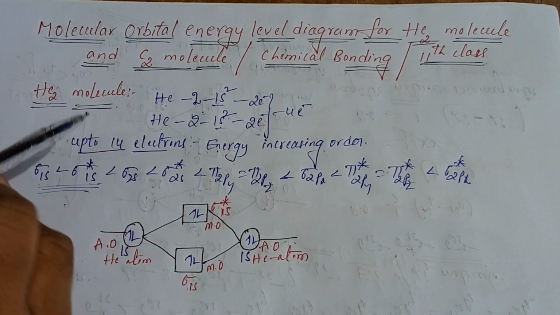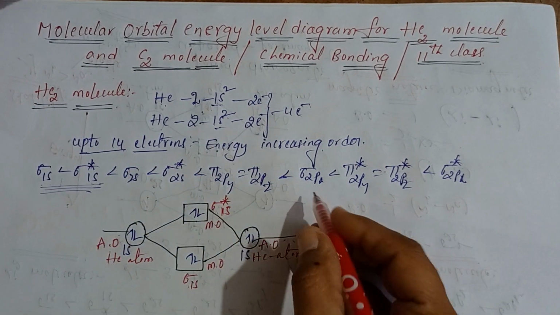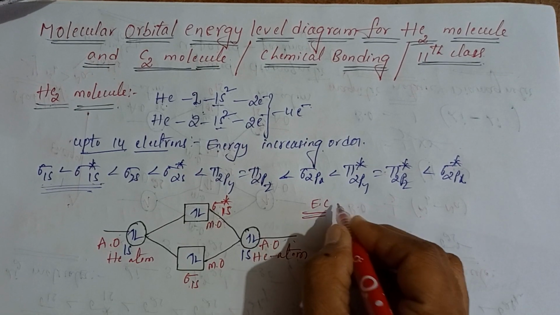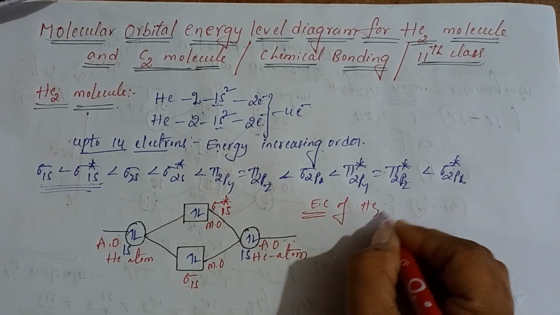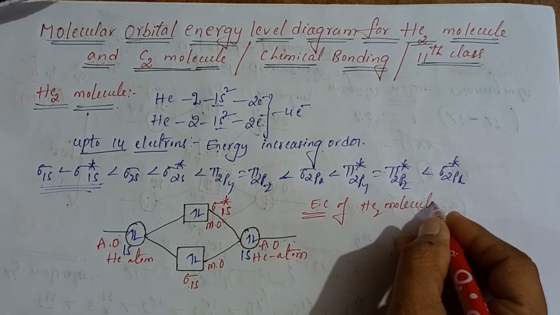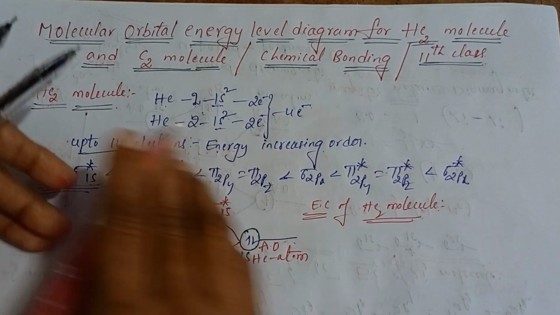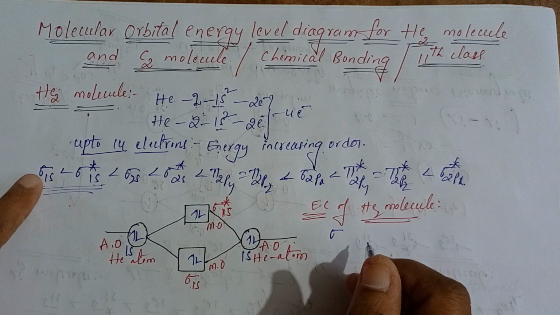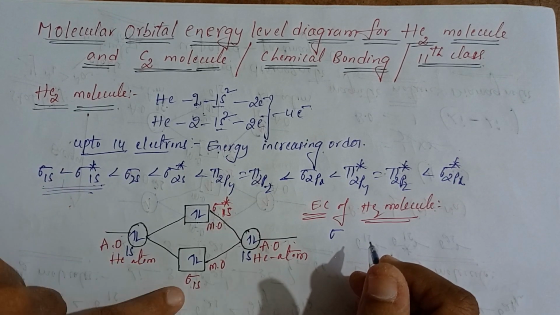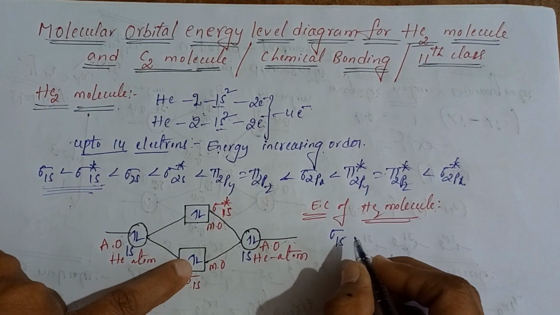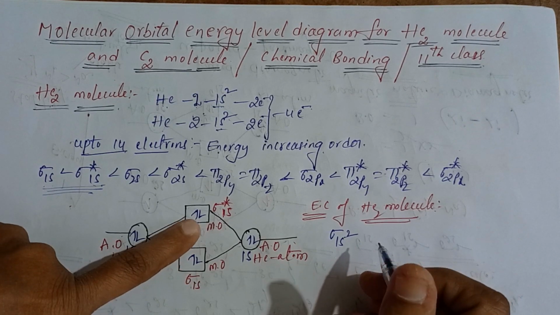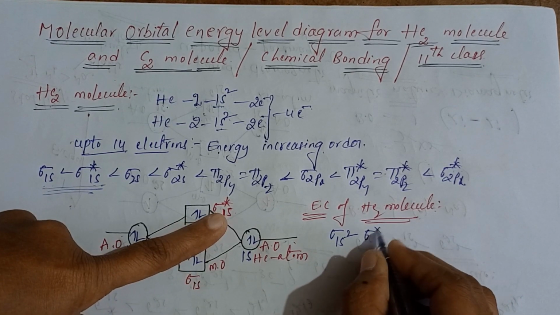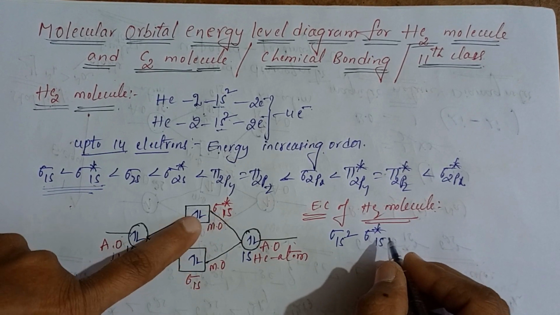First we have to write the electronic configuration. Now tell me, students, what is the electronic configuration of the He2 molecule? Sigma 1s, how many electrons are there? 2 electrons. Next, sigma star 1s, how many electrons, students? Sigma star 1s also has 2 electrons.